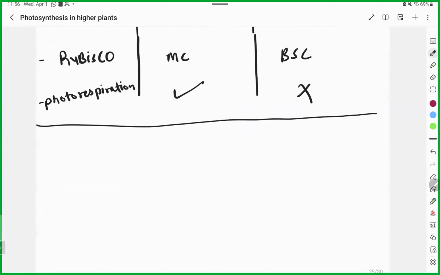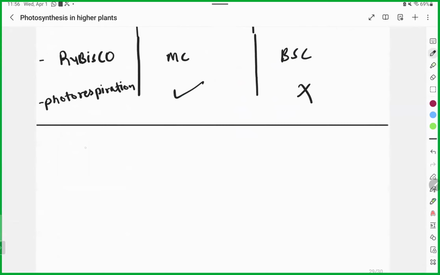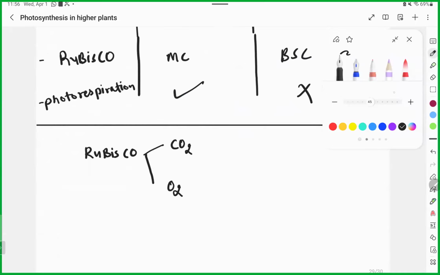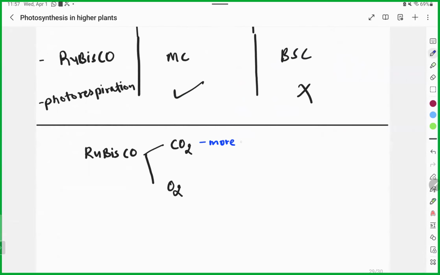If you talk about Rubisco, then Rubisco can bind with both CO2 and oxygen, but more affinity for CO2. It means if you have more amount of CO2 compared to oxygen, definitely it will go with CO2.